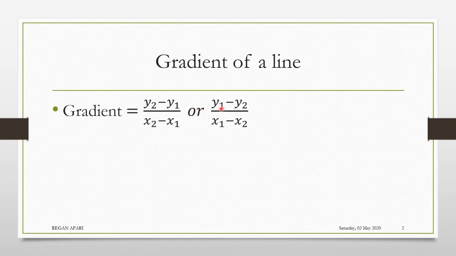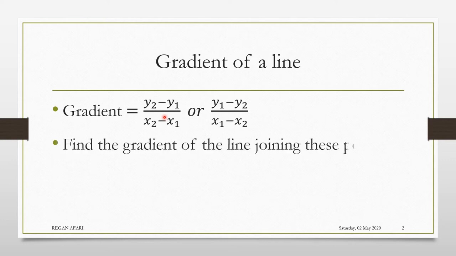Also, when you state y1 minus y2, then the x should be x1 minus x2. So they should correspond. You understand? One here, one there, two here, two there. That is how they should be.